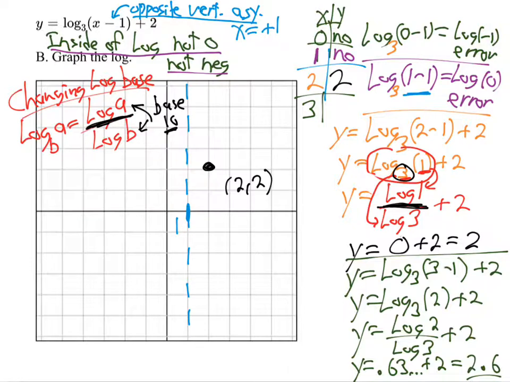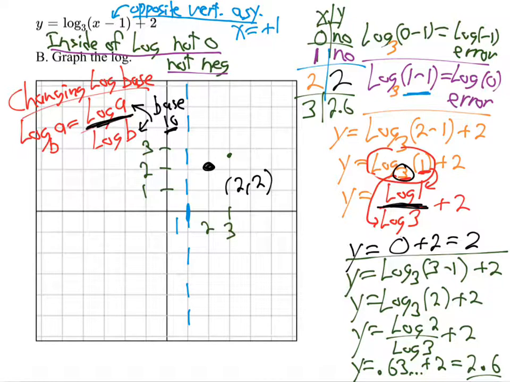Now, 2.6 is not on my graph. Over 3, up 2.6, it's about right there. But I can't put that on the graph with any precision, so it's not really a point I can use.